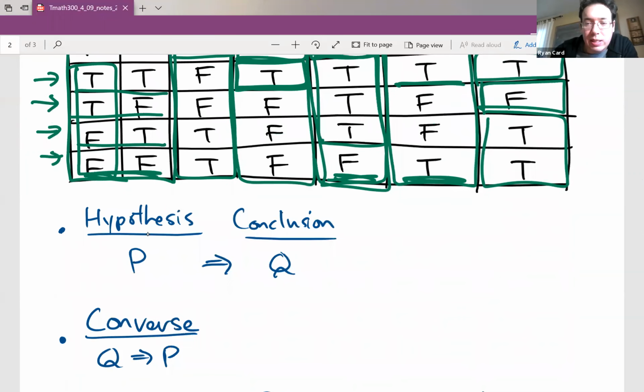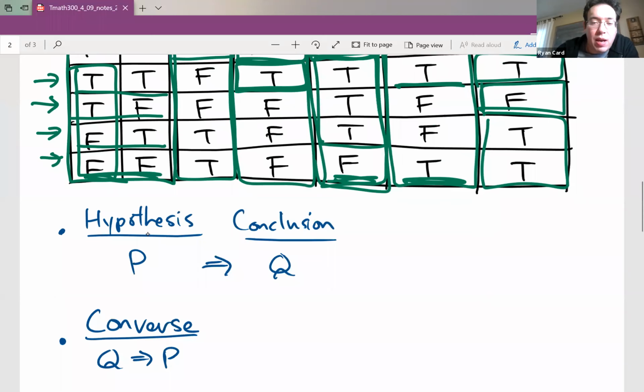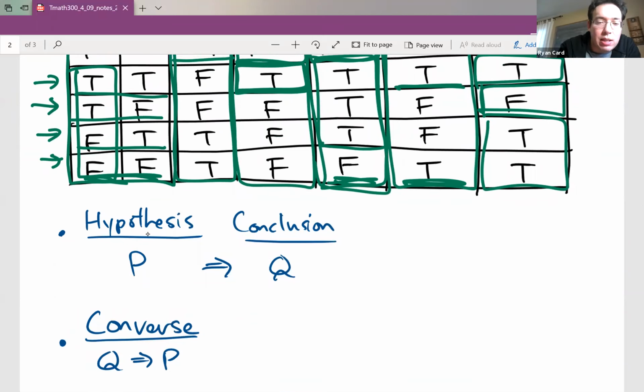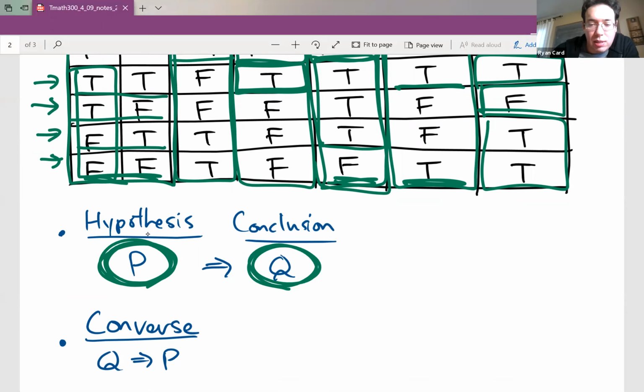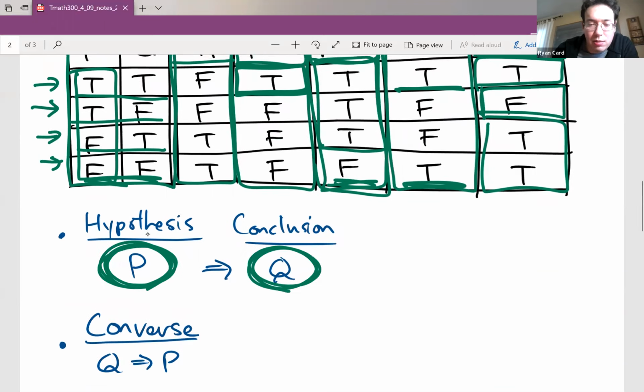A couple of other words that I want to mention. If you have an implication, the sentence that comes before the arrow, the if part of the statement, is called the hypothesis. The head of the arrow is pointing towards the conclusion of that implication, or the conditional.